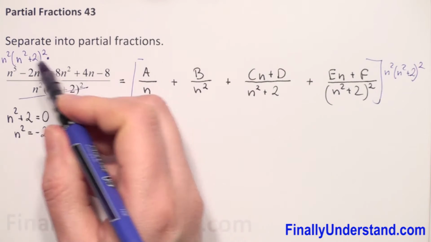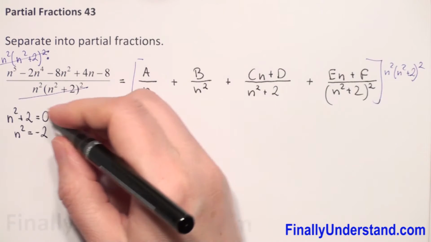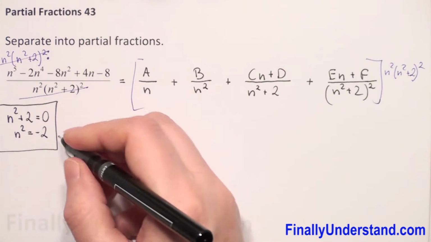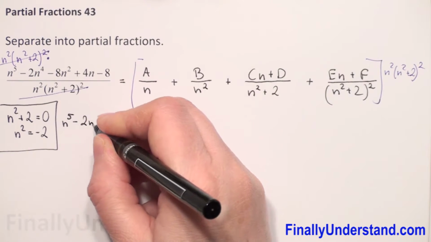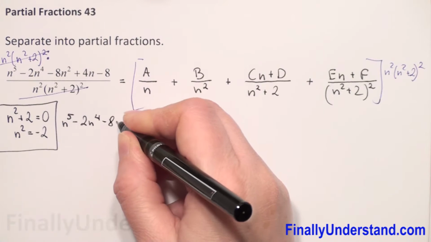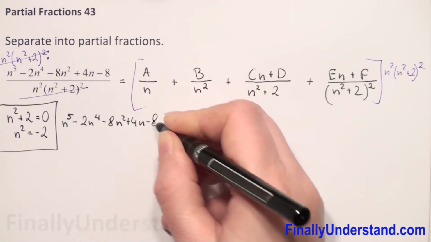On the left side, the denominator reduces, and we will have only n to the 5th power minus 2n to the 4th power minus 8n squared plus 4n minus 8.